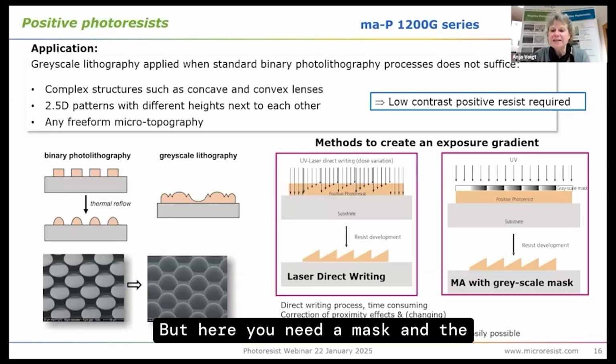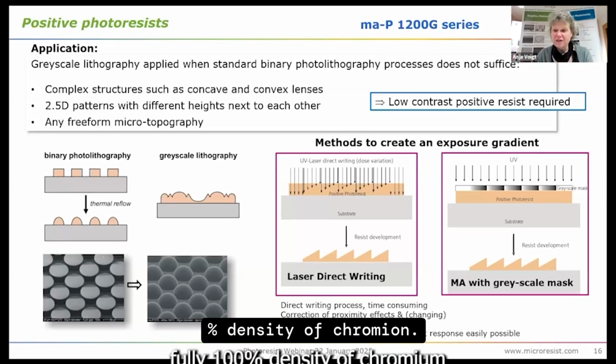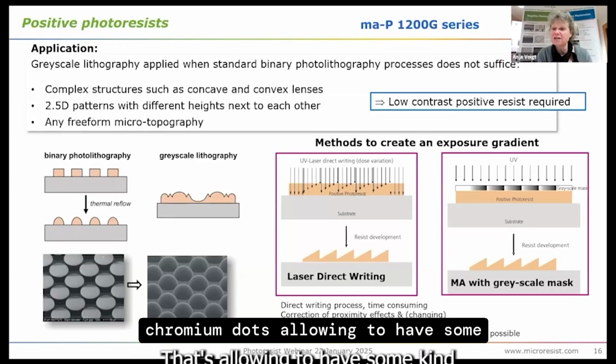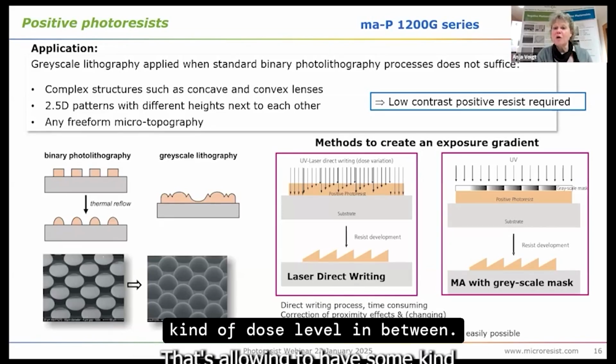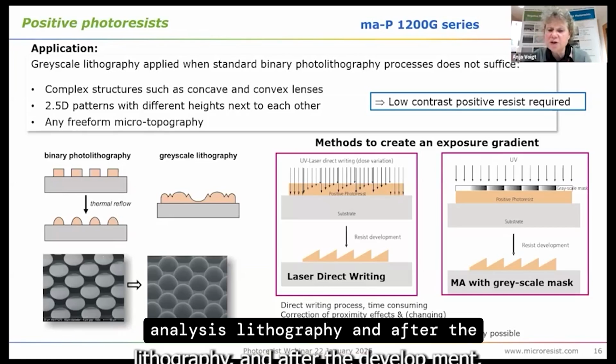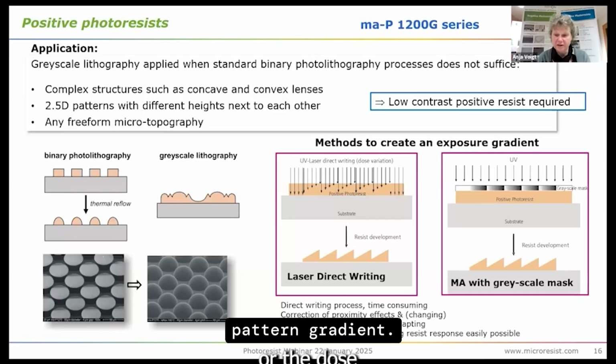But here you need a mask, and the mask is not a binary mask, it's a grayscale mask. Grayscale mask means that you have areas with no chromium on top, fully 100% density of chromium, and something in between. So some pixelating, having a different density of pixelated chromium dots, allowing some kind of dose level in between. This is then used with mask aligner lithography, and after the development, the dose gradient results in a pattern gradient.